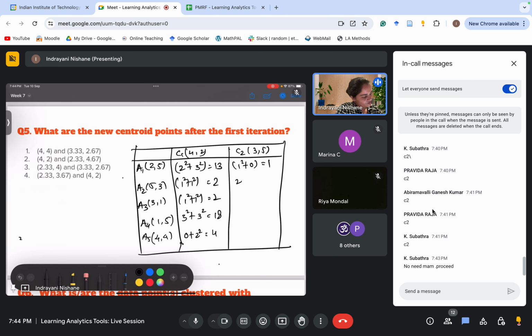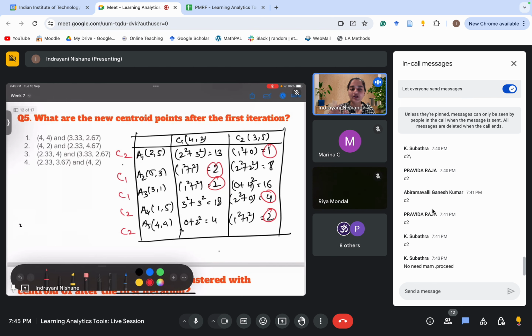And 2 square plus 2 square, 8, sorry, 8. 0 plus 4 square, 16. 2 square plus 0, 4. And 1 square plus 1 square, 2. So this will belong to C2, C1, C1, C2 and C2.